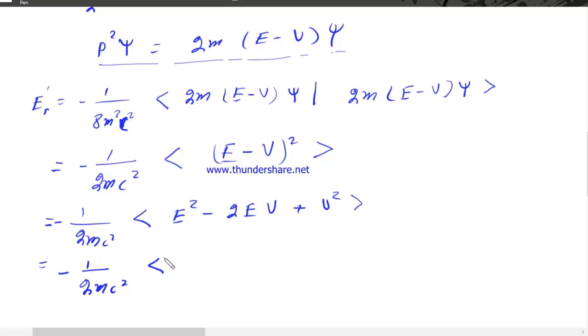Now the expectation of E is constant, and then E square, minus 2 E times the expectation of v, plus the expectation of v square.